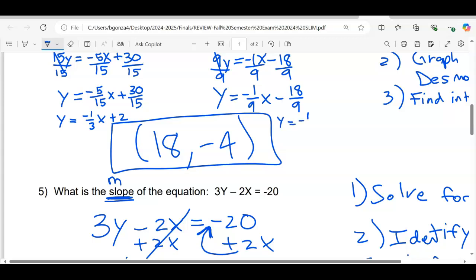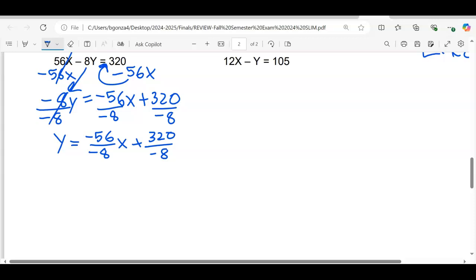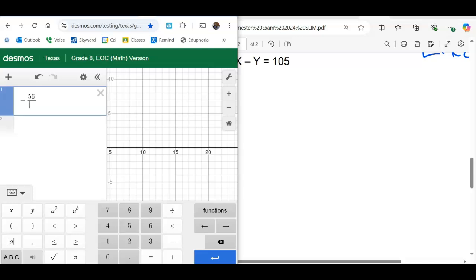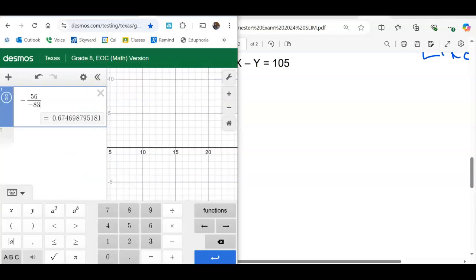Y equals negative 1/9 x minus 2. Now, if we were to reduce it, negative 56 over negative 8, you would type negative 56 divided by negative 8. You get positive 7. And 320 divided by negative 8. Negative 40.